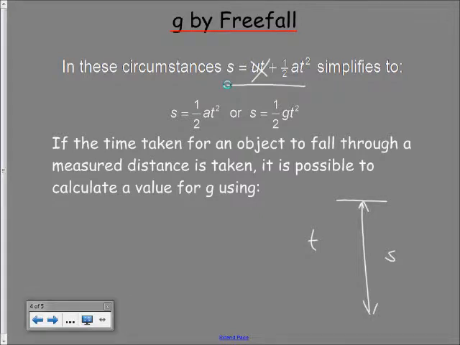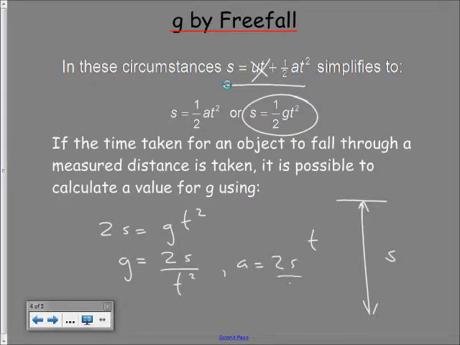We could rearrange this equation to make g the subject: 2s equals g t squared, g equals 2s over t squared. Or you could have said a equals 2s over t squared. So we could very easily calculate a value for g using that information. We will deal with that idea a bit more in class, and we'll do this experimentally. There are some further refinements to this, but we will cover those in class as well.